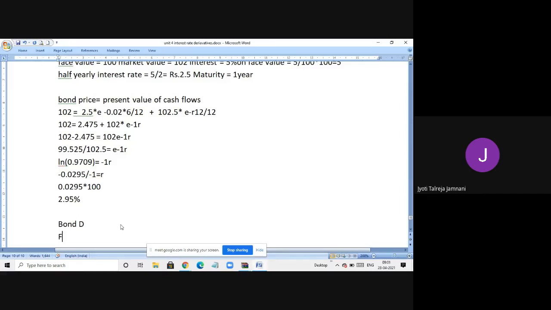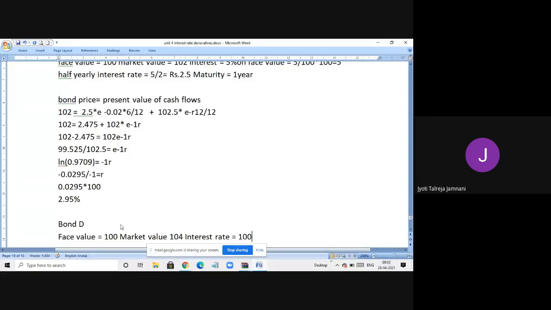First we'll write the face value, 100. Market value 104. Interest rate is 9%.